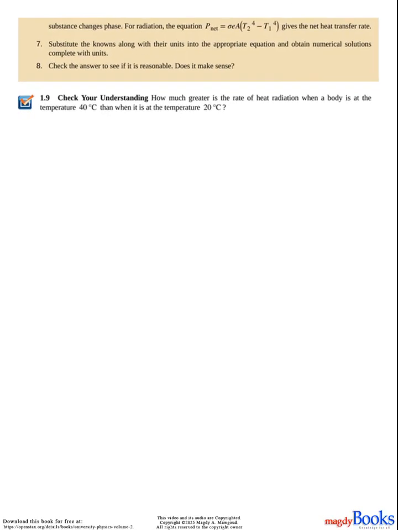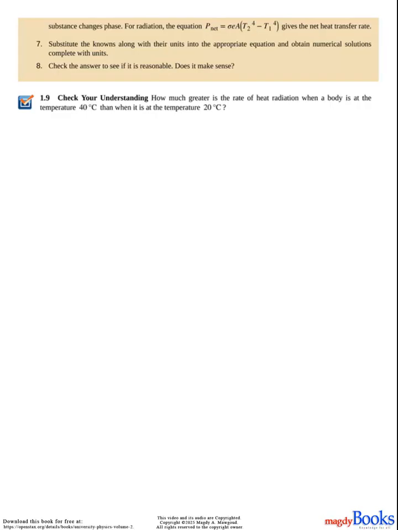For radiation, the equation P_net = σeA(T2^4 − T1^4) gives the net heat transfer rate. 7. Substitute the knowns along with their units into the appropriate equation and obtain numerical solutions complete with units. 8. Check the answer to see if it is reasonable. Does it make sense?